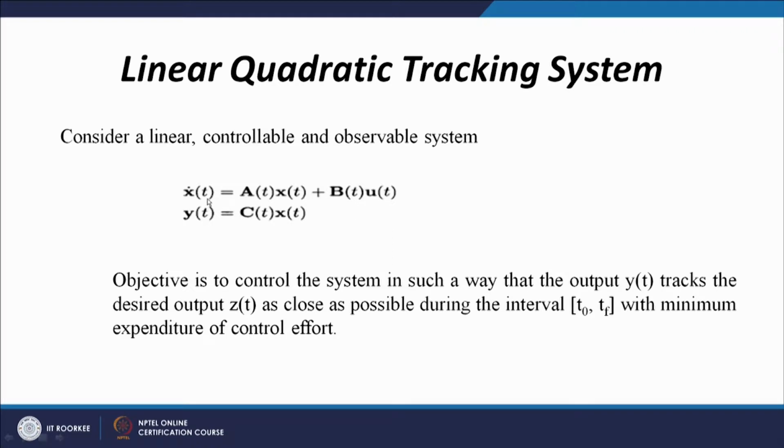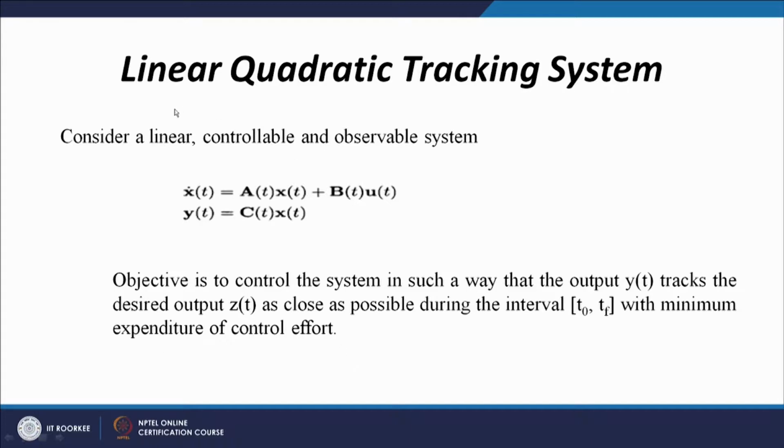So we consider a system x dot t equal to A x t plus B u t, y equal to C x t, where the pair A B is controllable and the pair A C is observable. The objective is to control the system in such a way that my output y t will track the desired output z t as closely as possible in a defined interval of time with minimum expenditure of the control effort.